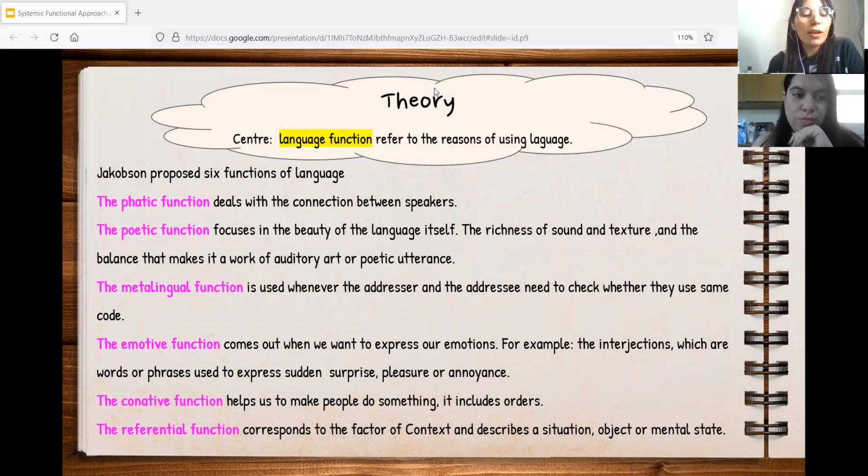And the referential function, which corresponds to the factor of context and describes a situation, object, or mental state. So we can say that systemic functional linguistics starts at social context and looks at how the language both acts upon and is constrained by this social context.